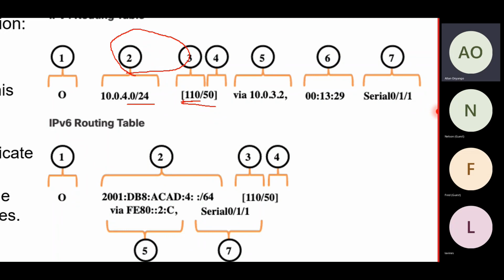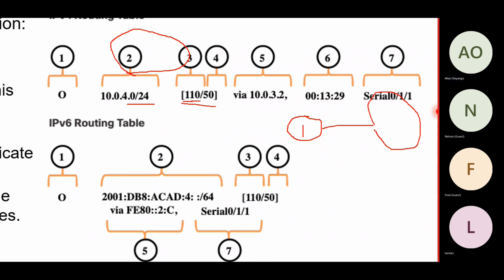Then you go to column 5, which normally has what is called the next hop IP. A next hop IP is actually the IP address. Let's say this is router R1, and router R1 is connected. This is router R2, and a message is moving from R1 to R2. Remember, every router interface must have an IP address.